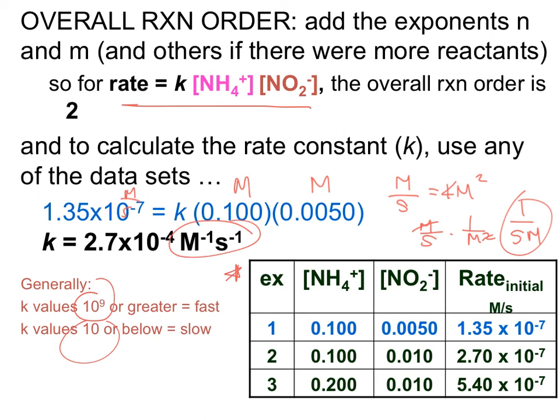Once you use the method of initial rates to figure out those values, you can then take the data, plug in your concentration values and the rates for that experimental data, and subsequently solve for your rate constant. Remember, your rate constant is going to be dictated by the type of order of reaction you have, and its units will match those units that are appropriate to that type of reaction.